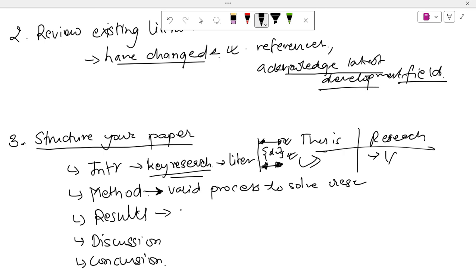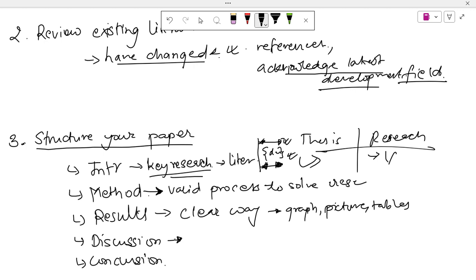Next up is results. Results present your findings in a clear way. Graphs or simply pictures or tables are presented for results.